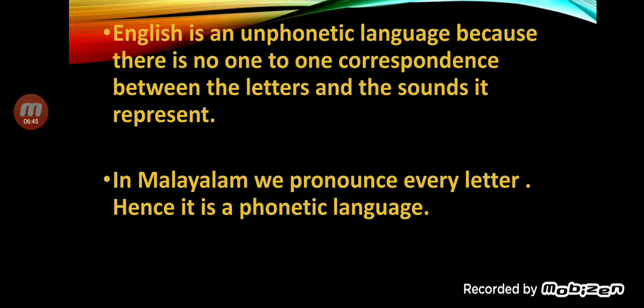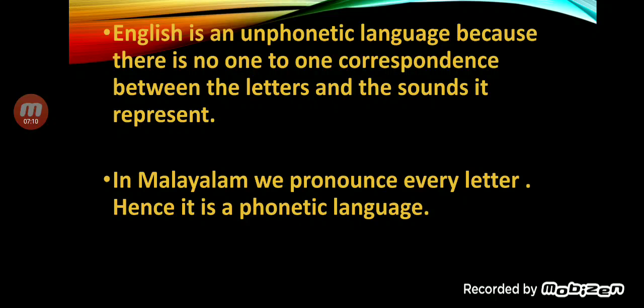Another example is T. For example, in tuition, T-U-I-T-I-O-N. The first T is pronounced as T and the second T is pronounced as Sh in tuition, right? So what is happening? You can never say that T should be pronounced as T alone. Sometimes T will be pronounced as Sh.